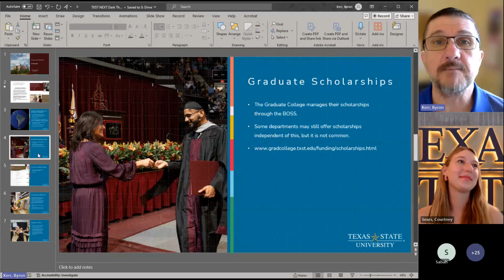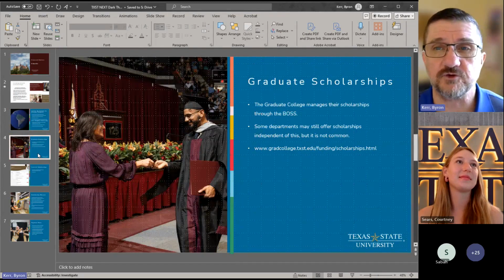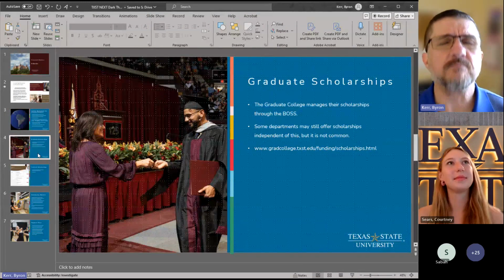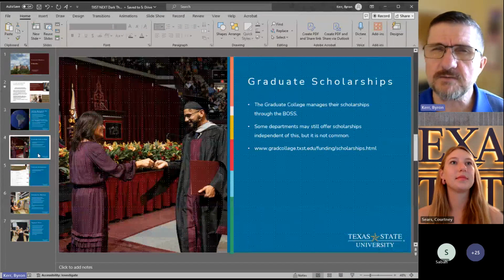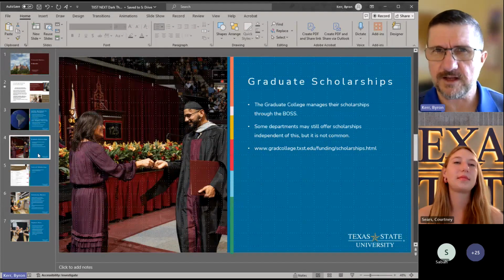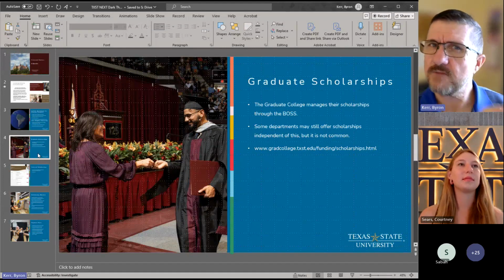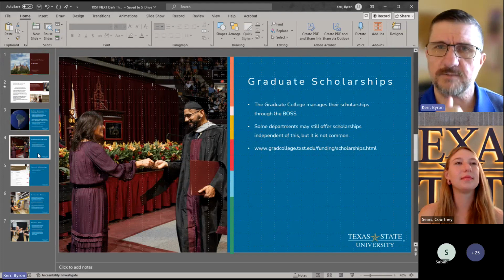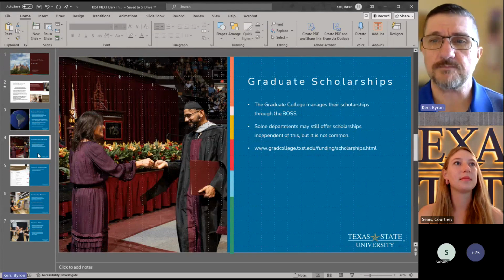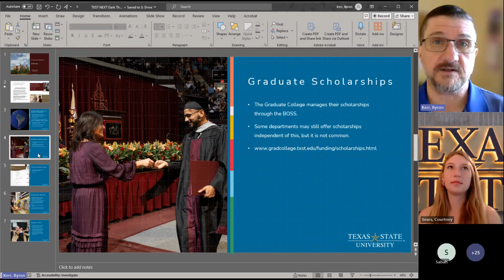If you are coming in as a graduate student, the graduate scholarships are through the graduate college. Exclusively, there may be a few, one or two, that are still housed inside of departments or inside of the college. But we've migrated the entire university to the Bobcat Online Scholarship System. So aside from a few hanger-ons, it is pretty much where you would go. The graduate college has an excellent site for funding.